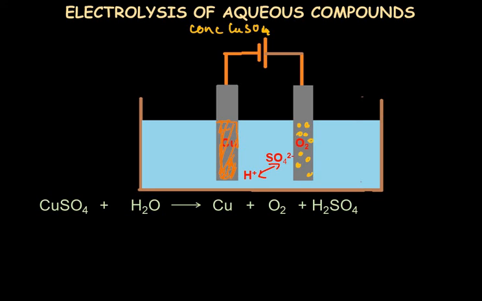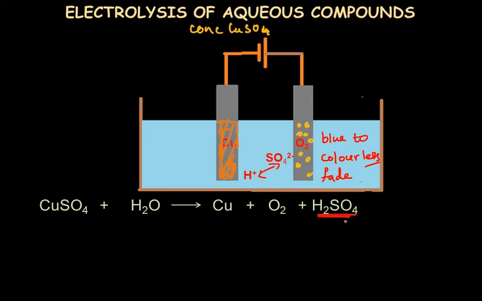And here one more observation is that the blue color of the electrolyte will fade. You can say that the blue color will change to colorless, or fade to a lighter blue, because most of the copper will be used up, forming sulfuric acid as one of the products, and sulfuric acid, as we know, is a colorless solution.